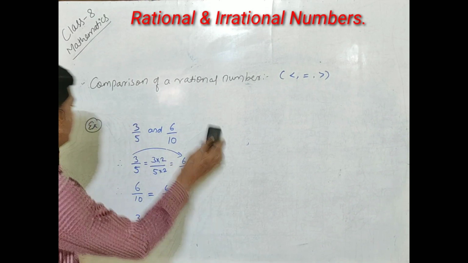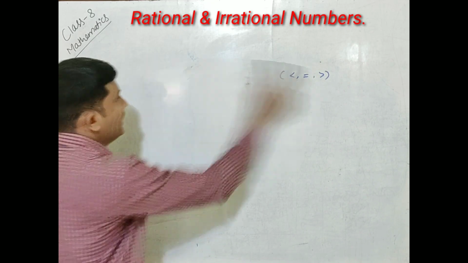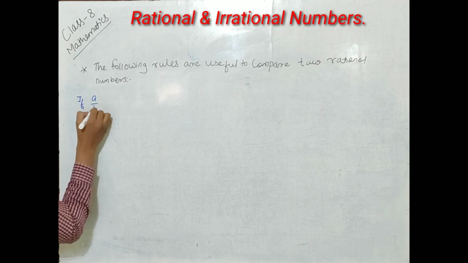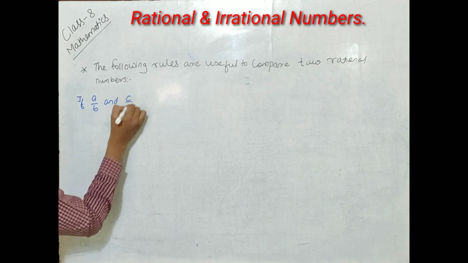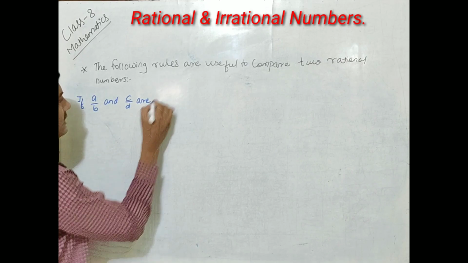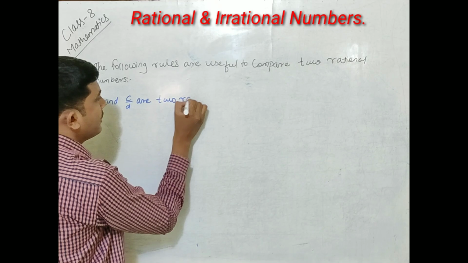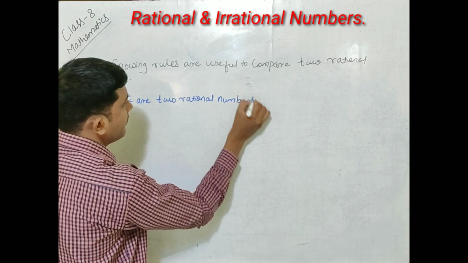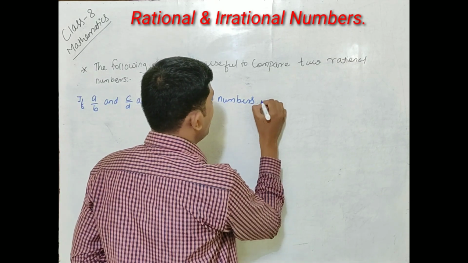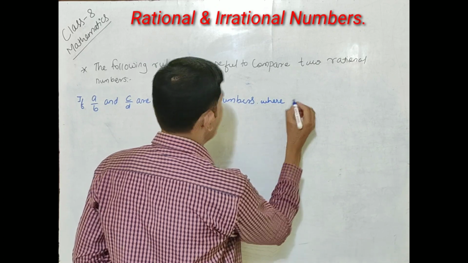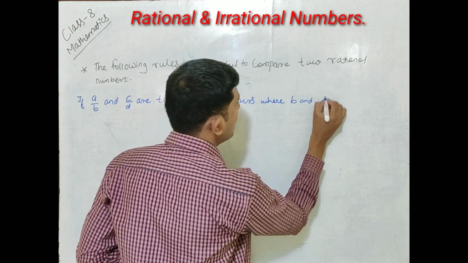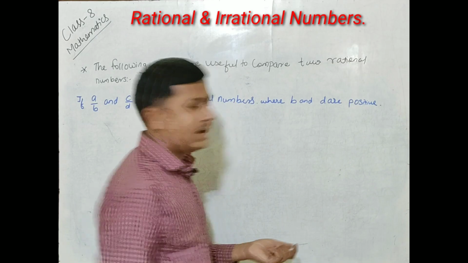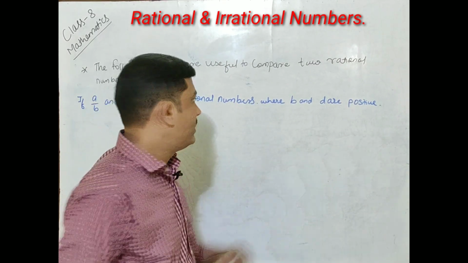Then next, there are some useful rules. a upon b and c upon d are two rational numbers, where b and d are positive, or simply we can say that they are greater than 0, not equal to 0.